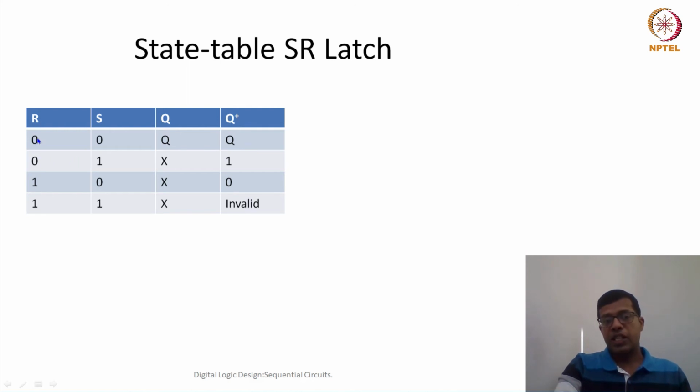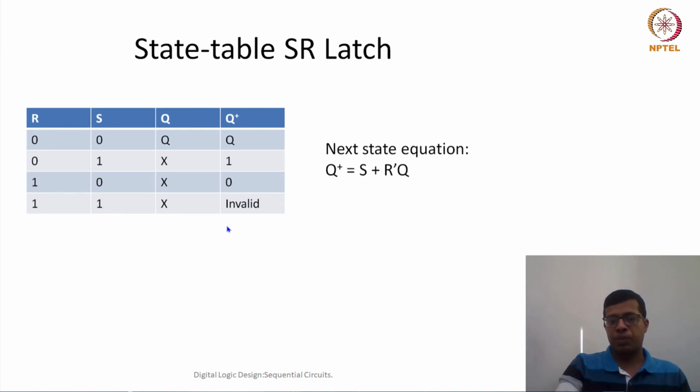But if reset is 0 and set is 1, irrespective of the previous information in Q, the output is going to be 1. Similarly, if reset is 1 and set is 0, then irrespective of the previous state, the next output is going to be 0. For 1 1, whatever the previous output, the output is invalid, so we are not going to use this combination.